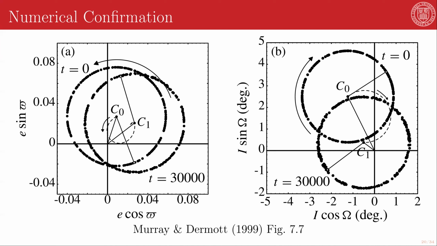And C1 represents the location of those points at the end, 30,000 years later. And we see an exact confirmation of what the equations told us. We have rotational motion of the components of the eccentricity and the inclination about these center points, while the center points themselves travel through the plane.